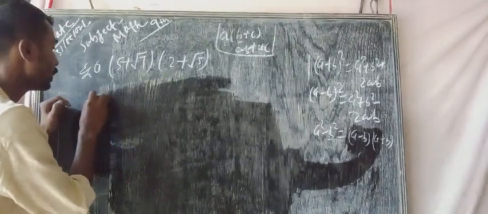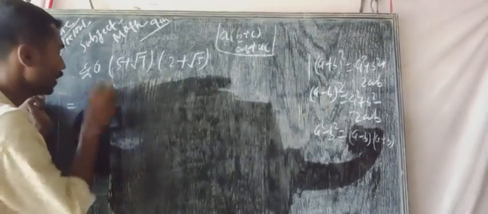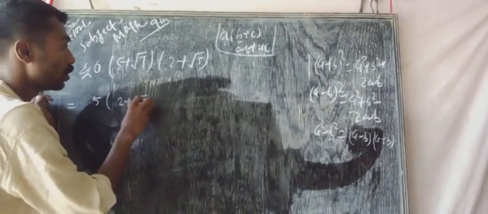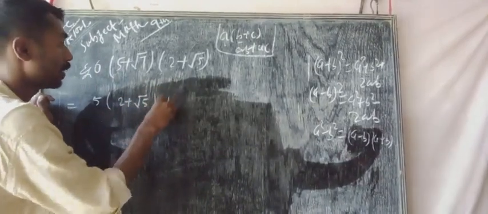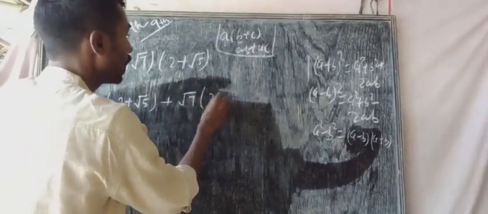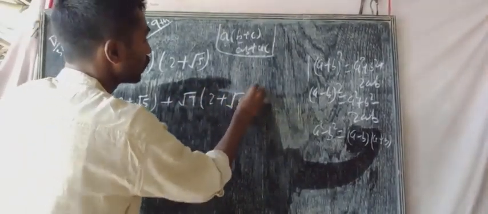So 5 is multiplied by (2 plus root 5), plus root 7 is multiplied by (2 plus root 5).